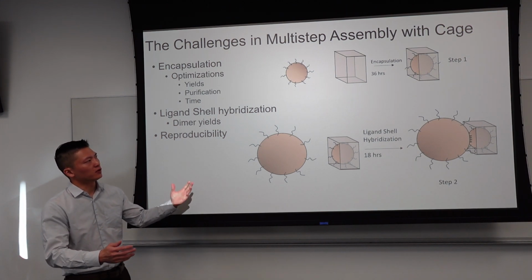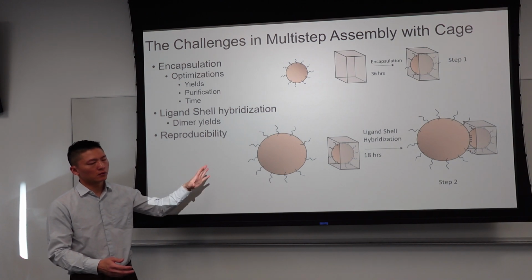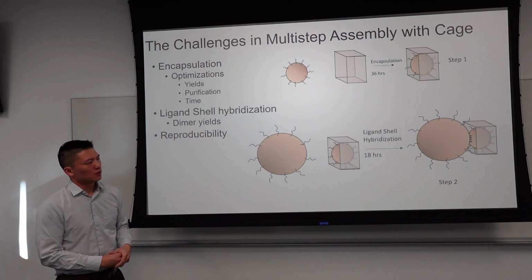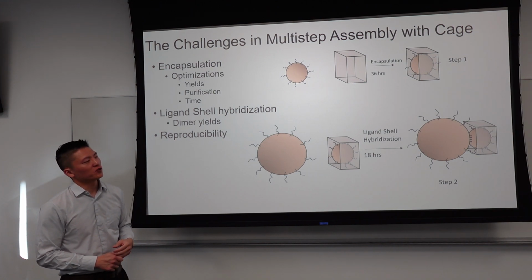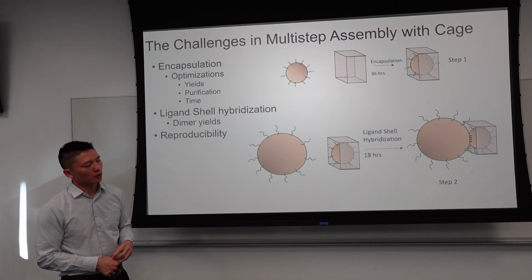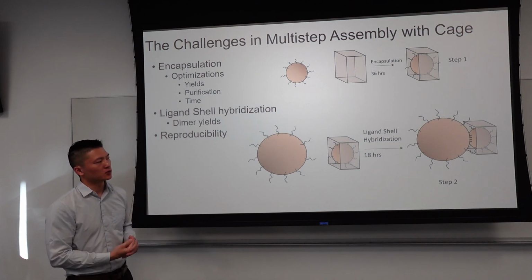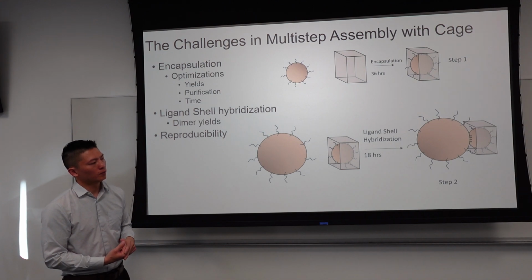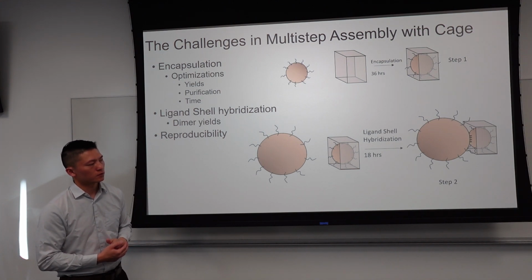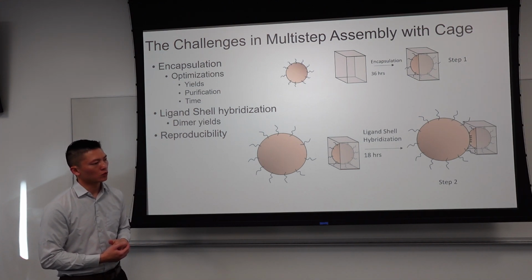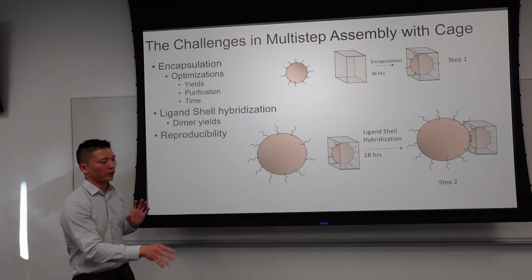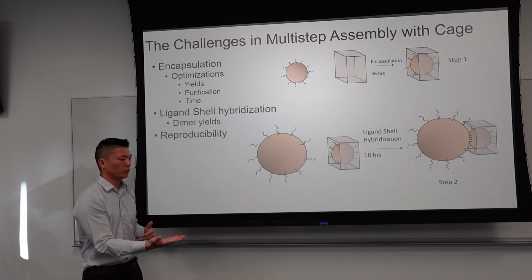So first off, this long multi-step process is an inefficient way to try to determine where the optimizations are needed, because it takes a week to form this product, and so it's sort of a trial and error method. Change one parameter and carry out the reaction, and then you look at your product.